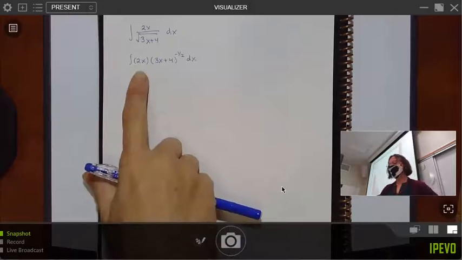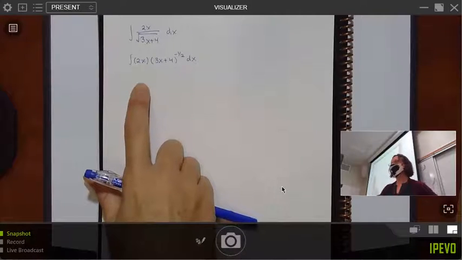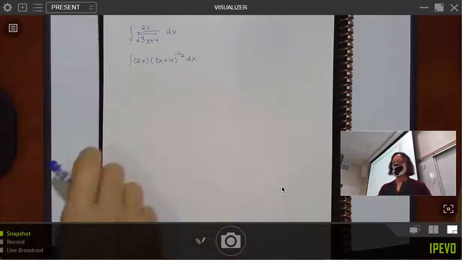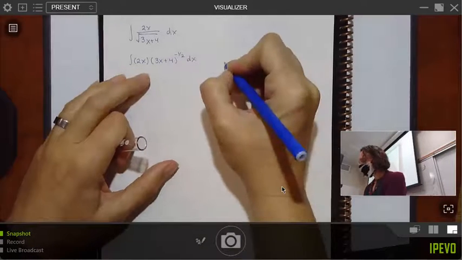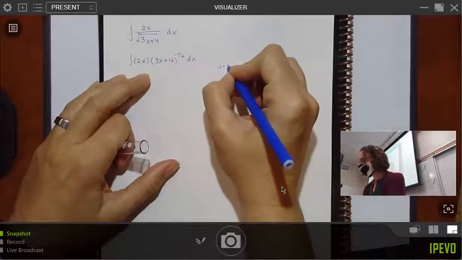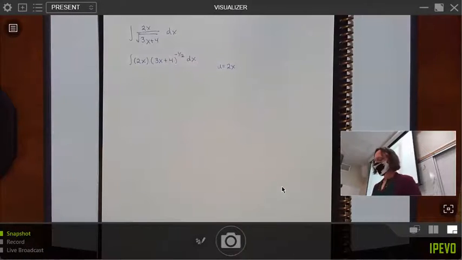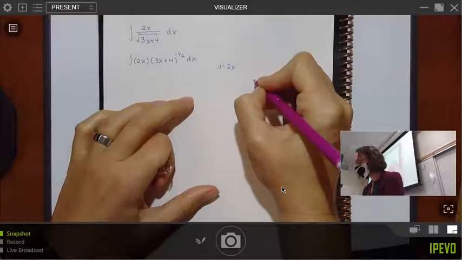And if I take a derivative of 2x, I'm going to get to a number. So that's what I would choose if I had to do this as integration by parts. I haven't even looked at the solutions and I don't know if that's what he chose, but that's why I would make that choice. So if I come off to the side and u is 2x, then that means everything else is dv.